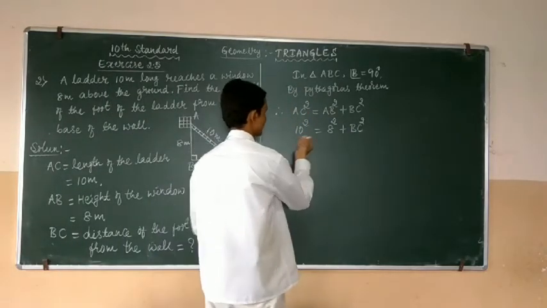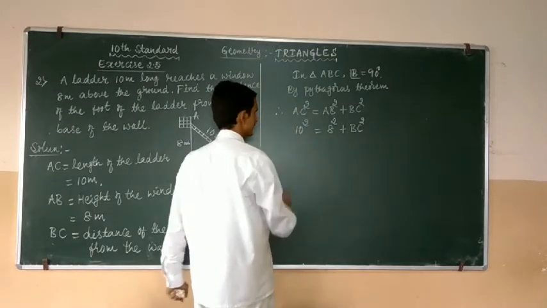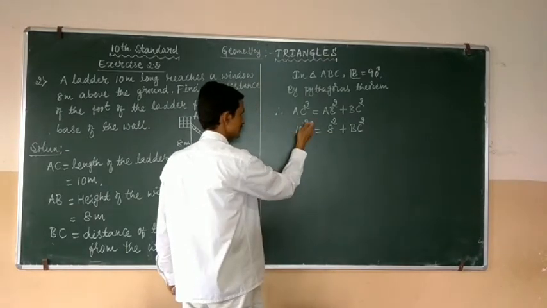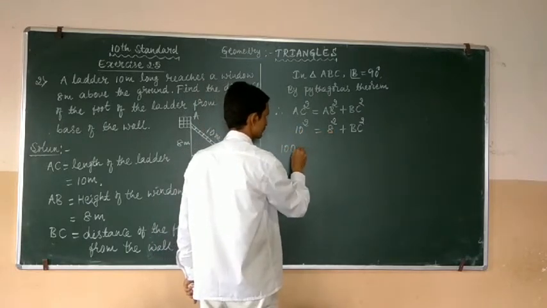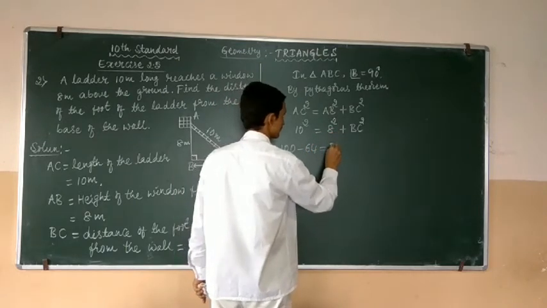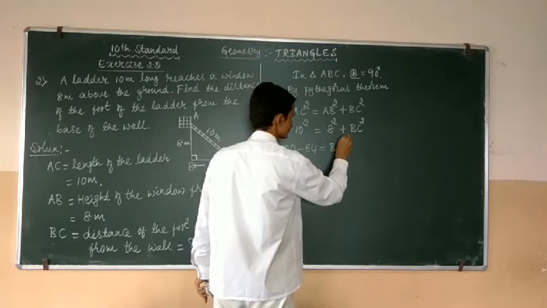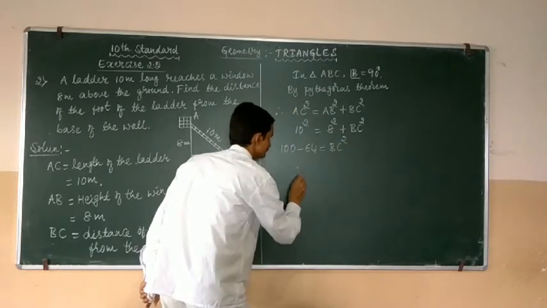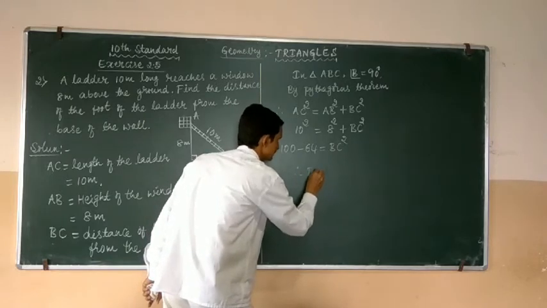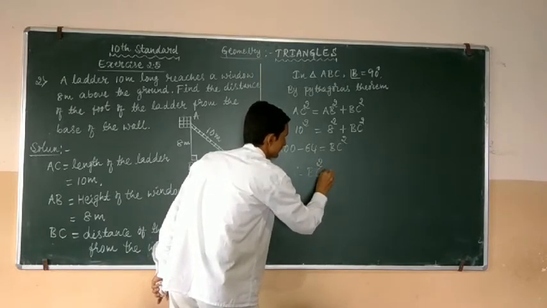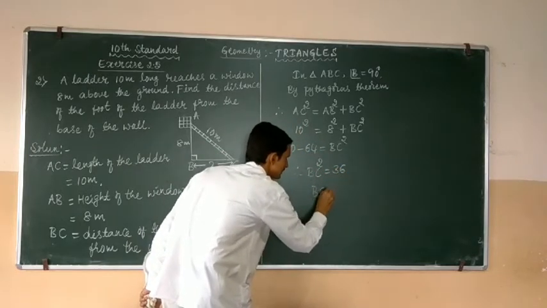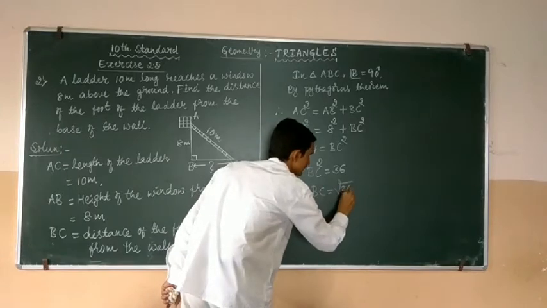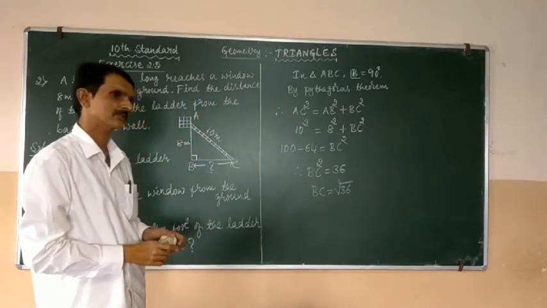Now squaring these two numbers, we get 10 square, that means 10 tens are 100. Transferring 8 square to the left side, 8 eights are 64, so BC square equals 100 minus 64, which is 36. BC equals root of 36.